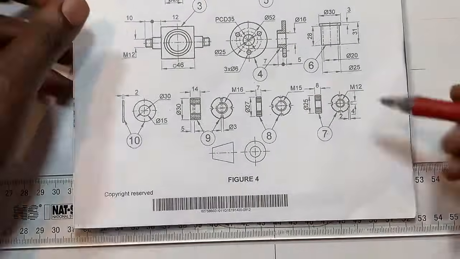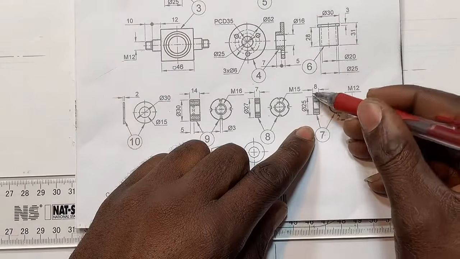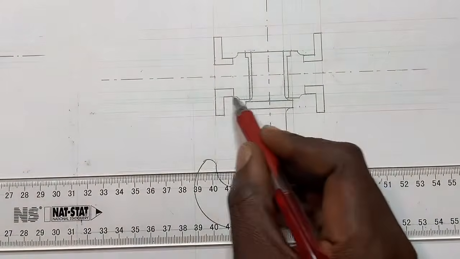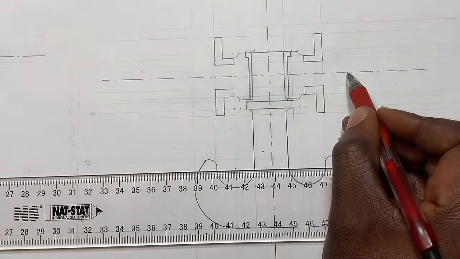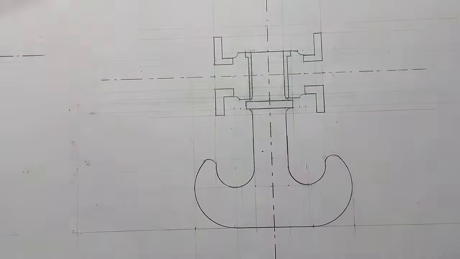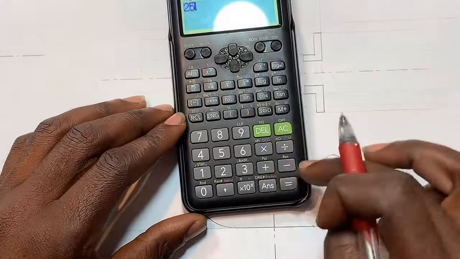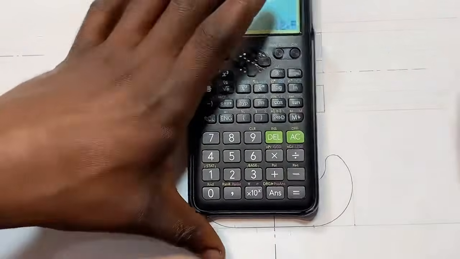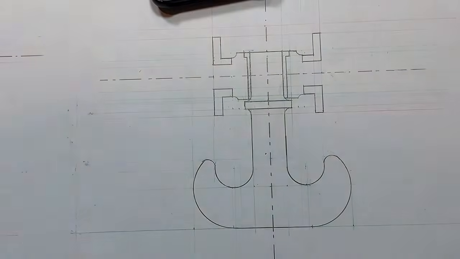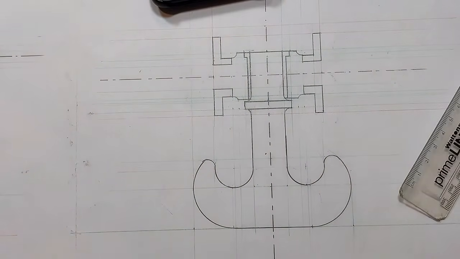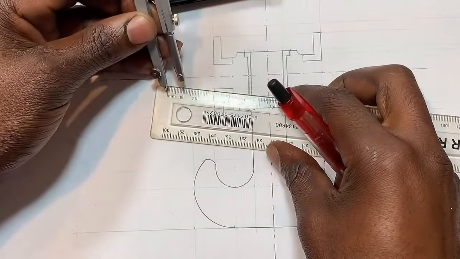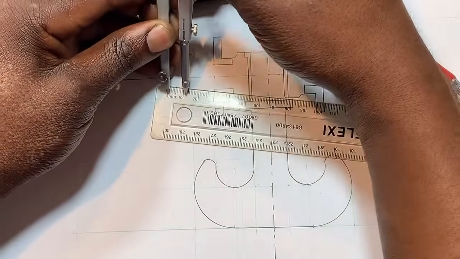So that is the outside diameter. Outside diameter is 25 divided by 2. Everything is measured from the horizontal center line. So 25 divided by 2 is 12.5. So we're going to say 12.5 on this other side. Let me use my drawing compass so I become accurate.